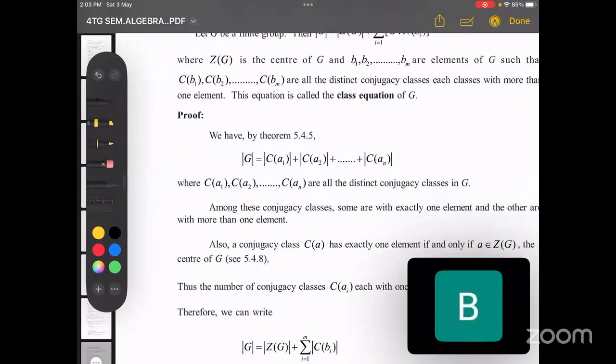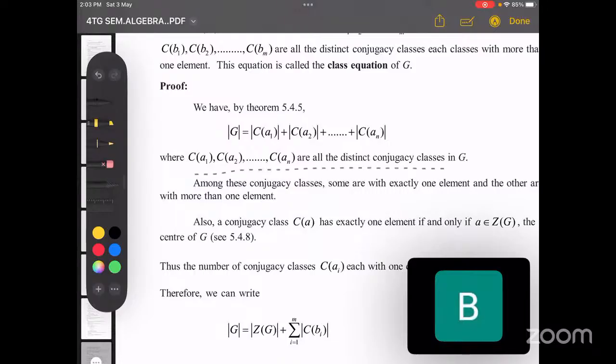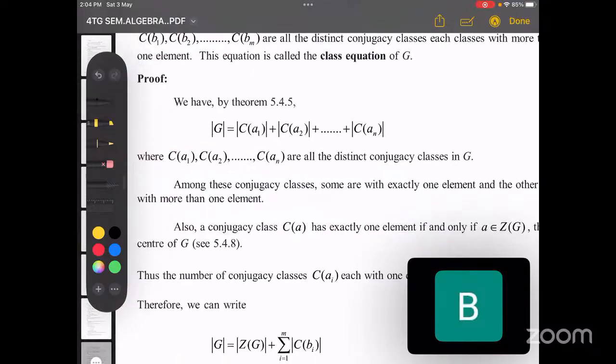So by theorem 5.4.5, the conjugacy class theorem, we have seen that order of G is equal to order of C of A1 plus C of A2 up to C of An, where C of A1, C of A2 are the distinct conjugacy classes in G. Among these conjugacy classes, some are with exactly one element, others are with more than one element.